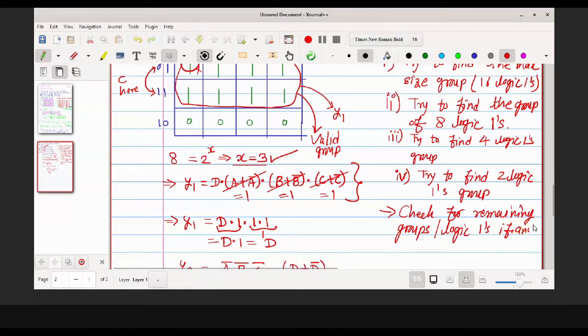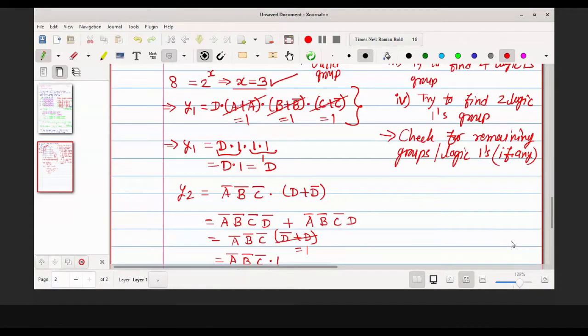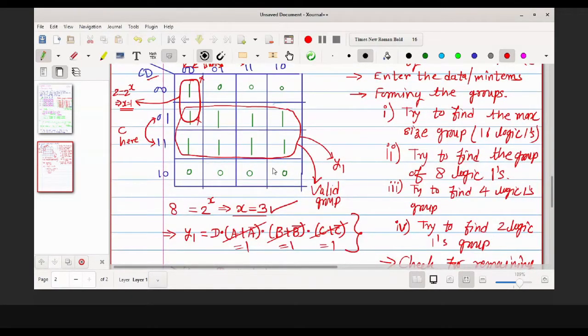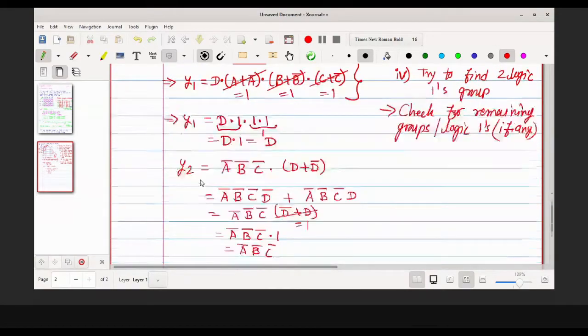We have checked that our logic ones are no longer remaining, all are grouped. And since we are working for SOP, we don't have to worry about logic zeros. So our logic ones are now over.